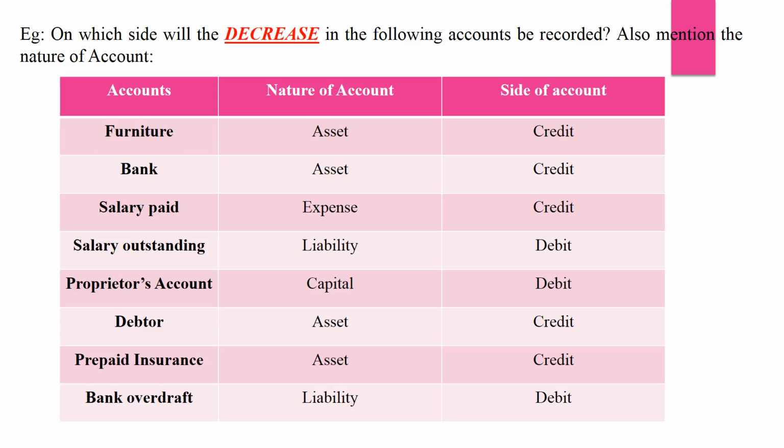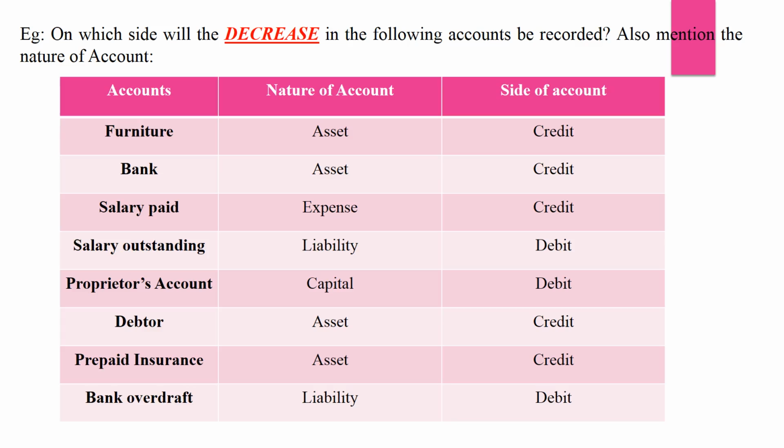Next is your salary outstanding. Outstanding salary is a liability for the firm, and decrease in liability will be recorded on the debit side of liability account. Next is proprietor account, so capital, and decrease in capital will be recorded on the debit side of capital account.